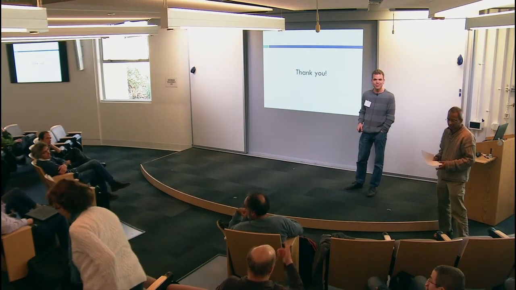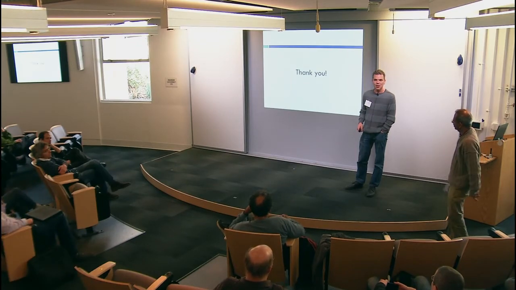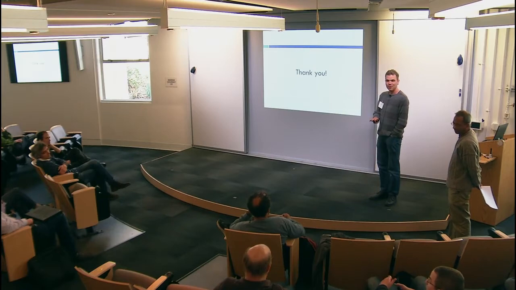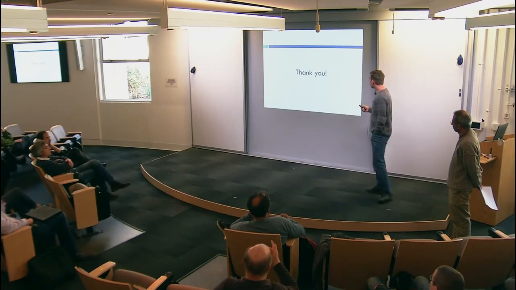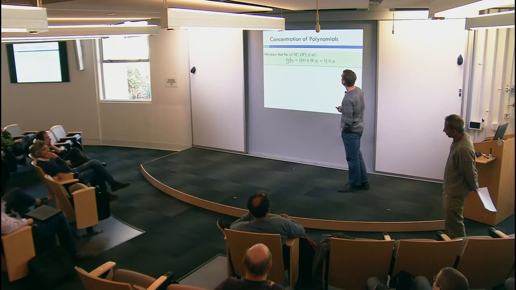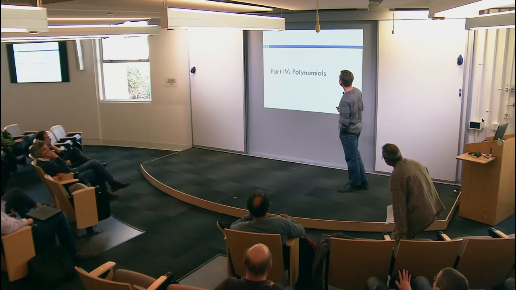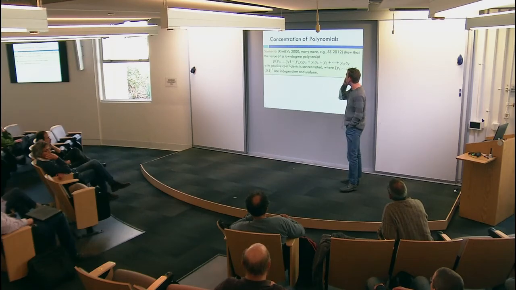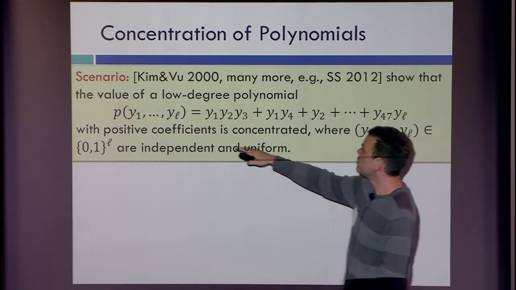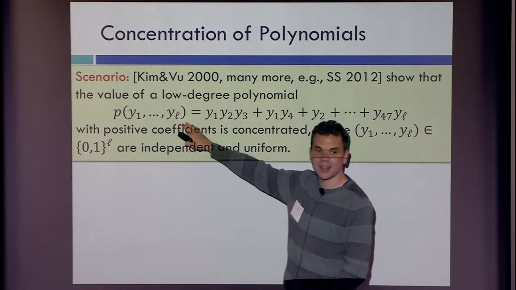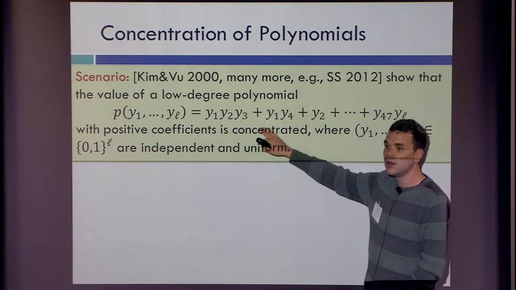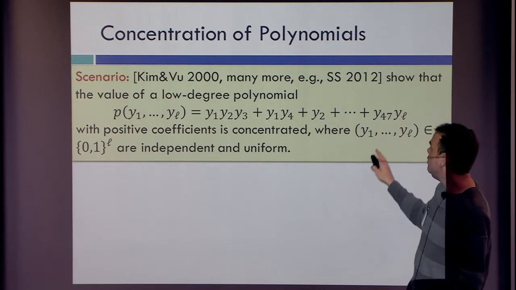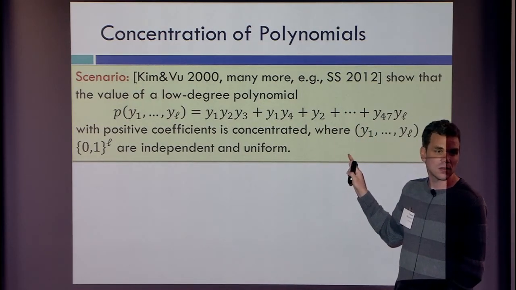What was the statement of the polynomials that you were going to tell us about? Well, there is this paper by Kim and Vu in 2000, where they say that if you have a polynomial, then under certain conditions, which I don't want to go into now, the value of the polynomial is concentrated.